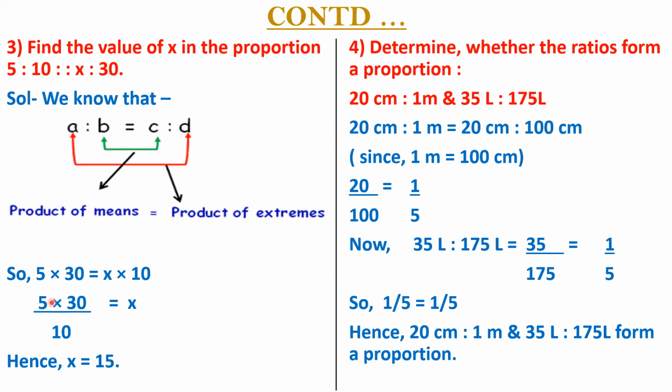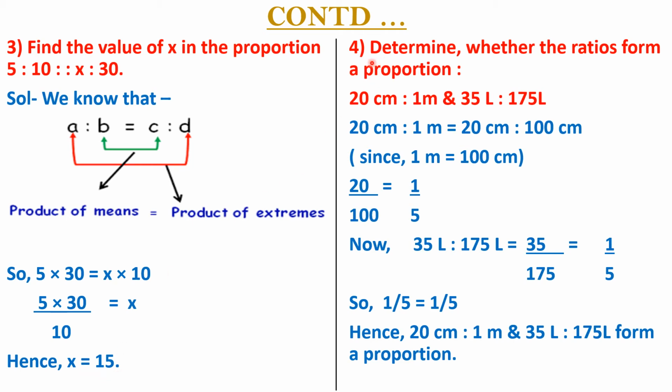So, product of extremes equals 5 into 30, equal to product of means, 10 into x. So, we get 5 into 30 equals 10 into x, which gives x equals 5 into 30 whole divided by 10. After solving, the value of x equals 15.